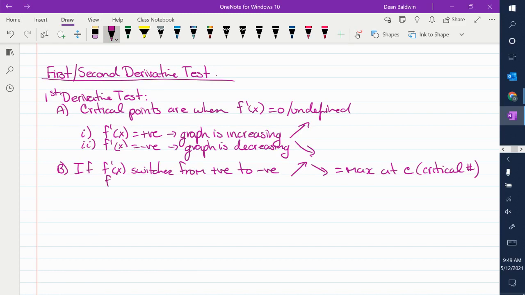And if f prime of x switches from negative to positive, you have a min at C, again, which is the critical number. That's first derivative, okay?